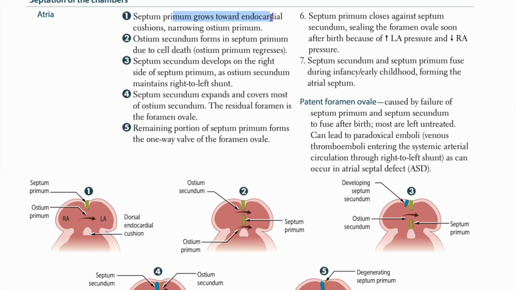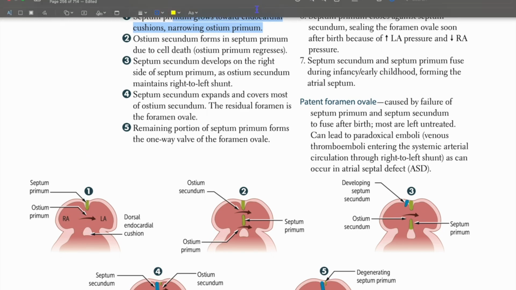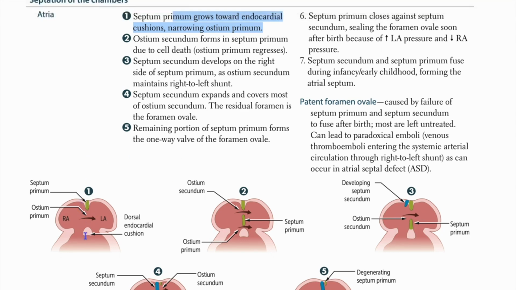Septum primum goes towards that, and the ostium primum is between the two. This will change as it develops. It has different names, but for now it's ostium primum, and septum primum goes towards the endocardial cushion.